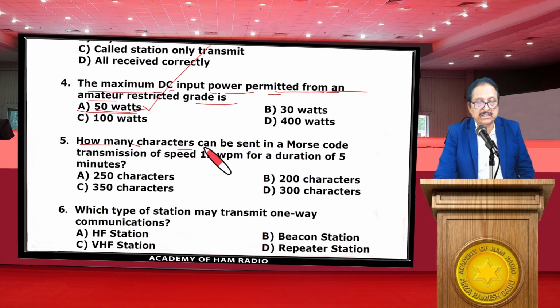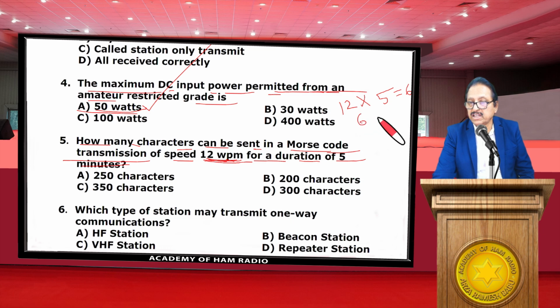How many characters can be sent in a Morse code transmission of speed 12 words per minute for a duration of 5 minutes? So 12 words per minute means total how many characters? 5 characters are equivalent to 1 word, so we can convert 12 WPM to characters: 60 characters.